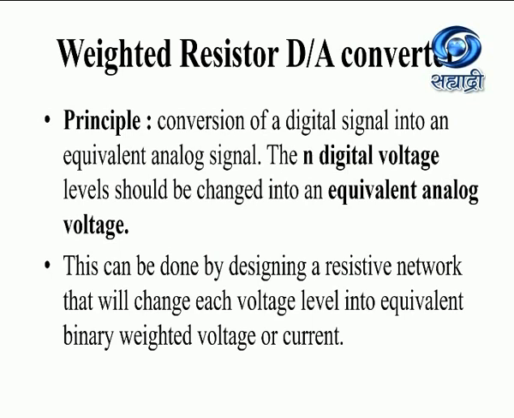The N digital voltage levels should be changed into an equivalent analog voltage. This can be done by designing a resistive network that will change each voltage level into an equivalent binary weighted voltage or current. In this type of DAC, we use resistors for each positional weight of each bit, and we convert each digital bit into the equivalent analog voltage.